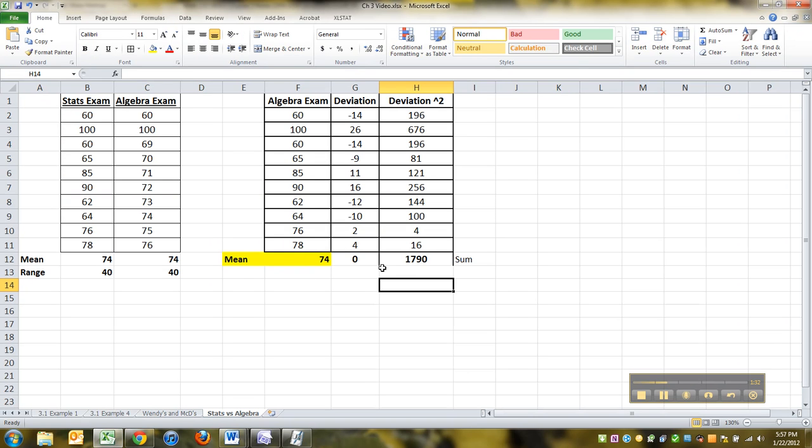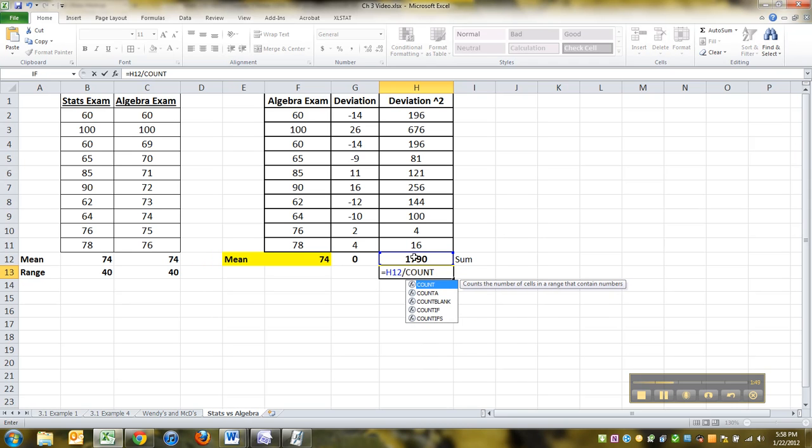So I'm going to do that right here. There were 10 points. You can tell down here it says count was 10. So I highlighted 10 rows. Here's a trick: you can use the value count.